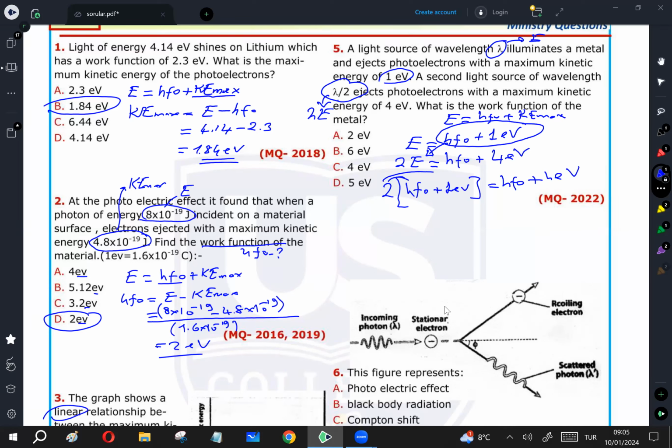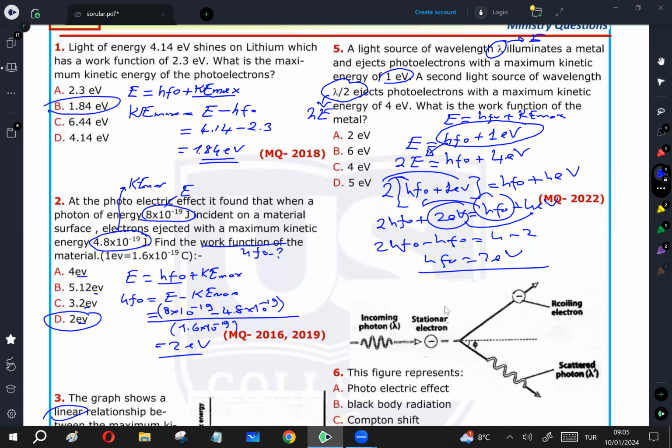Then distribute: 2hf0 plus 2 times 1, 2 electron volts, is equal to hf0 plus 4 electron volts. Transfer hf0 to the left side, 2 electron volts to the right side. 2hf0 minus hf0 is equal to 4 minus 2. So hf0, the work function, is equal to 2 electron volts. That is the answer.